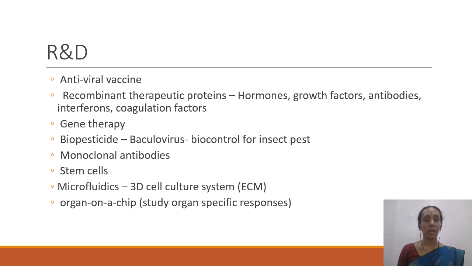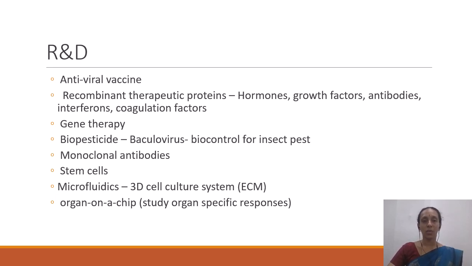Even for biopesticide development, for testing and for control, baculovirus-based biopesticide has been brought up, and since it is a viral-based pesticide, you need a cell for the virus to attach to and grow, to multiply in number. So even for that purpose, cell lines are used.